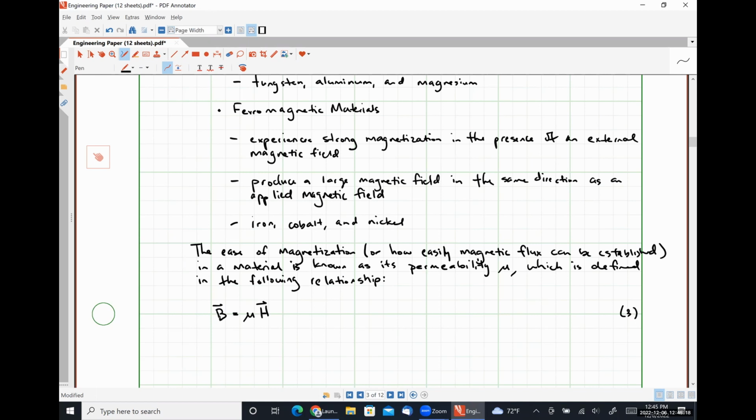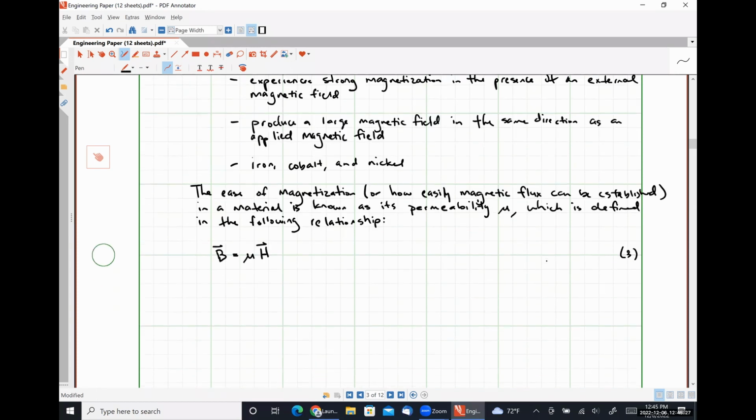All right, so for a particular material, its permeability is identified relative to the permeability of free space, or a vacuum.